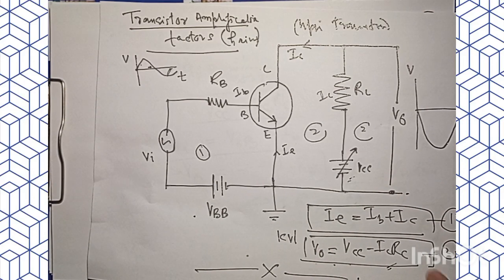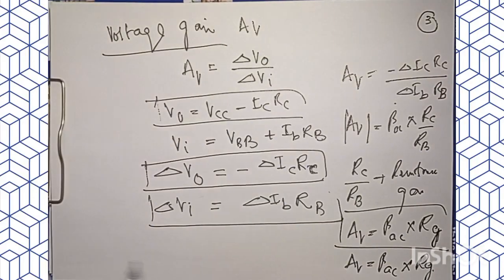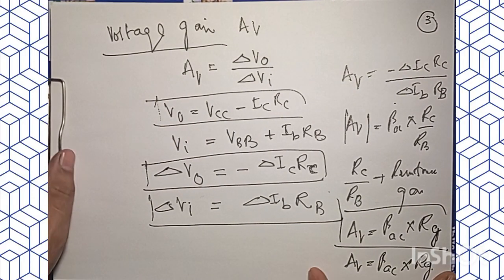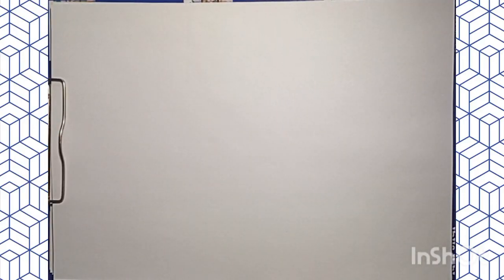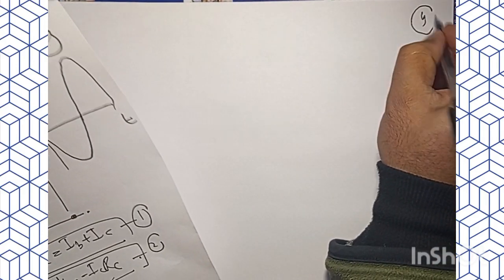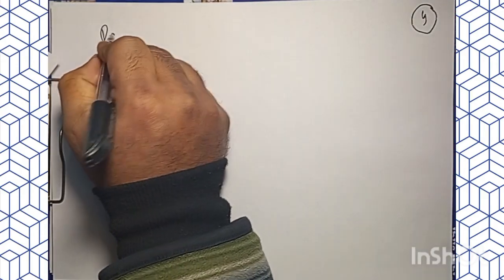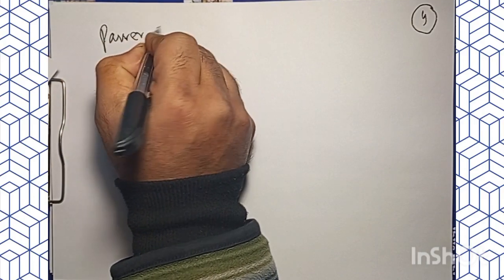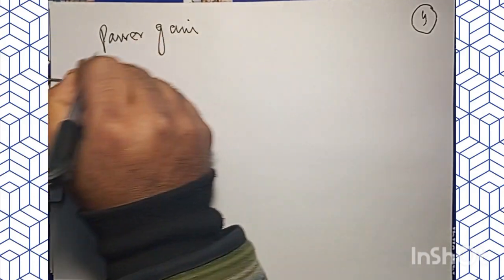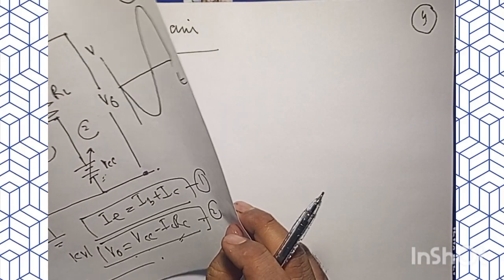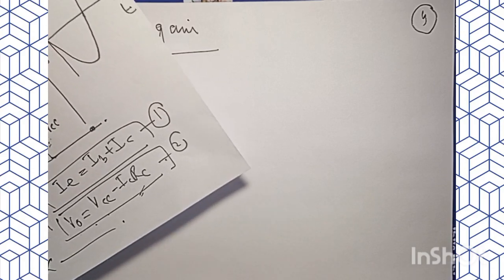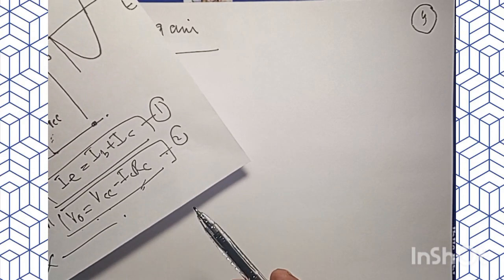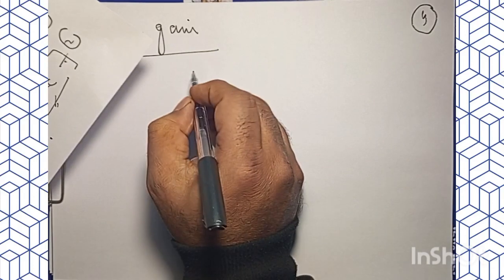Now after this, the next thing that we have to do is to have an expression for the power gain. So now we'll be talking about the power gain. We can easily have the definition for power gain as the ratio between the change in output power with respect to the change in input power.